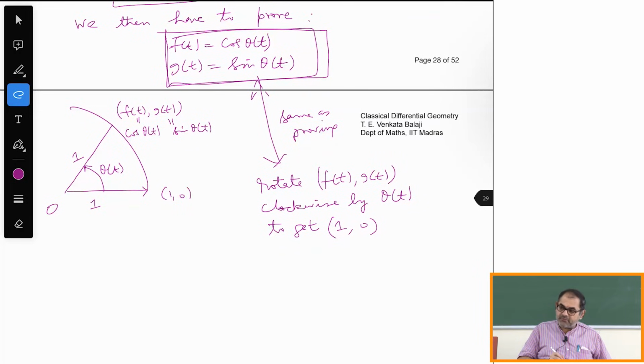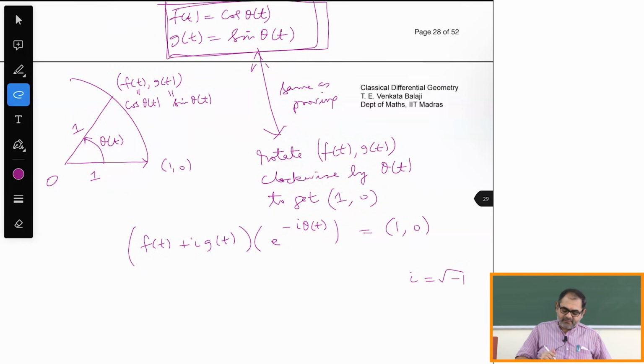So how will I write this? I have to say you take f(t) plus i g(t), multiplied by e power minus i theta t. This has to give 1 comma 0. So I am writing it in complex notation, where this iota is square root of minus 1. And now, what is this?